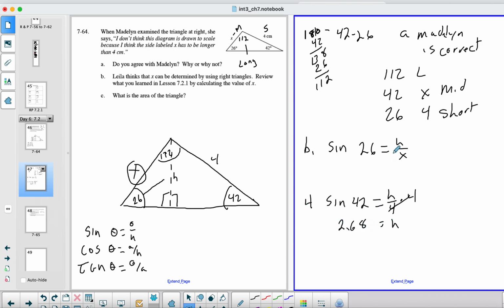I can plug that in for h up there. So I have the sine of 26 equals 2.68 divided by h.